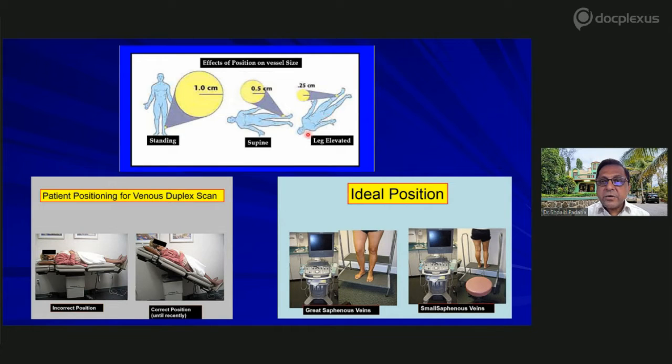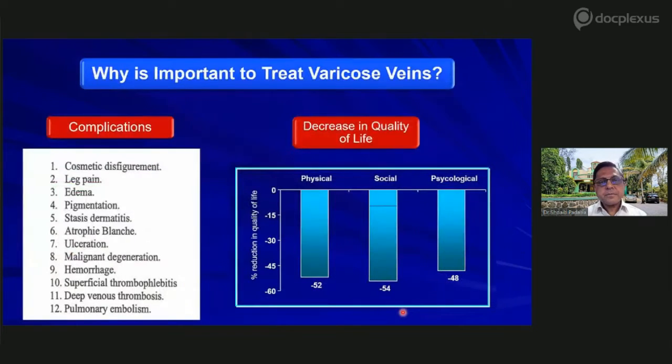And if you elevate your leg, the size may even decrease further. Therefore, we normally do a venous Doppler in an inclined position, although the ideal position is the patient standing up on such steps while the radiologist does the Doppler. They're very essential in determining the size of the veins in a venous Doppler study.